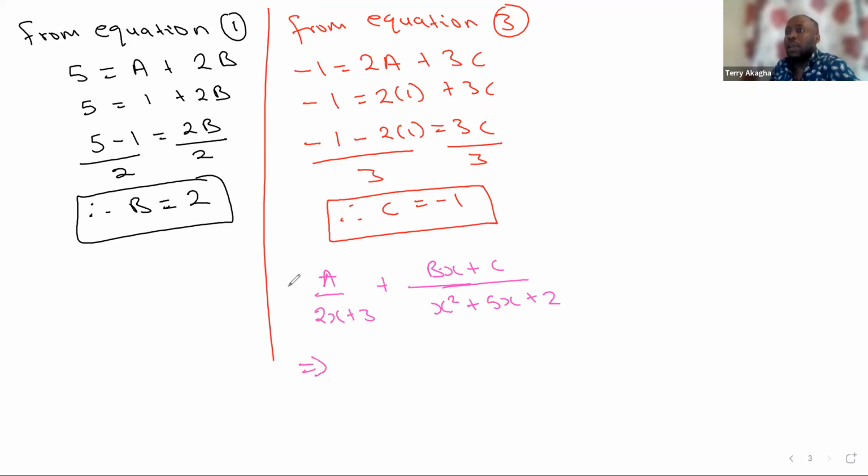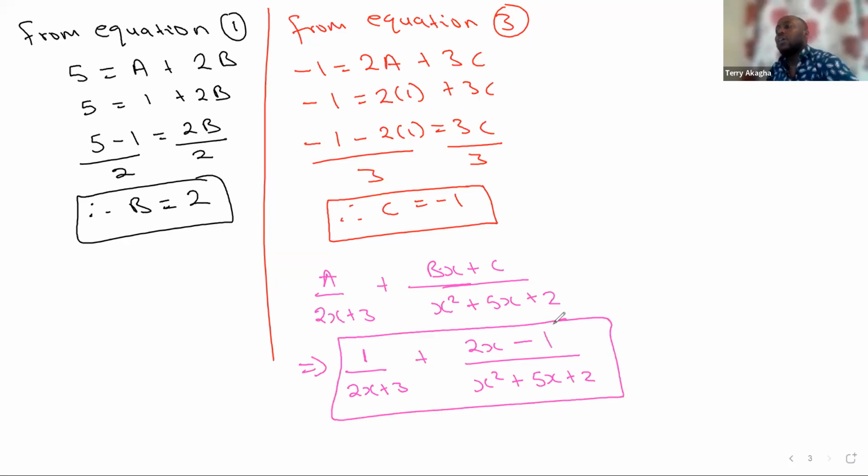So now we know our a to be 1, so 1 over 2x plus 3 plus our b was 2, so it's going to be 2x plus c is minus 1 over x squared plus 5x plus 2. So like I said, to make it more fancy, you can multiply plus and minus to give you minus, so it's going to be 2x minus 1. That will be the answer for that partial fraction.